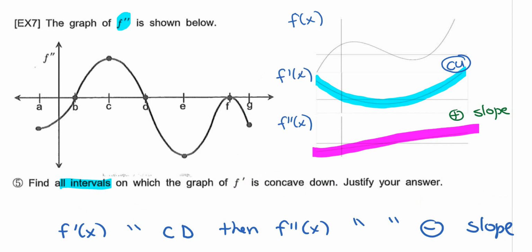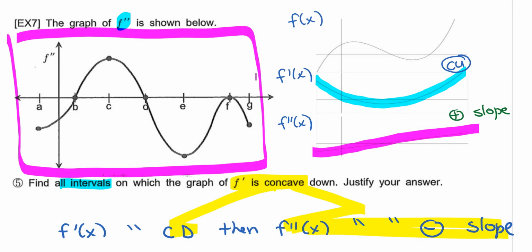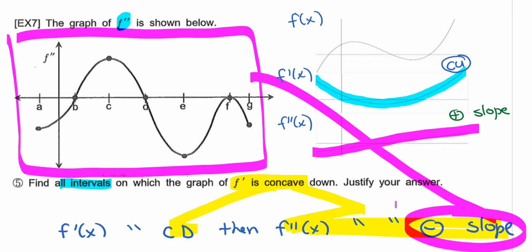Erase all that. So when is the first derivative concave down? Well, it's concave down when the second derivative has a negative slope. So on our question graph here, we just need to find the regions where I have a negative slope, and that would help me finish off the problem here. So where do I have a negative slope?